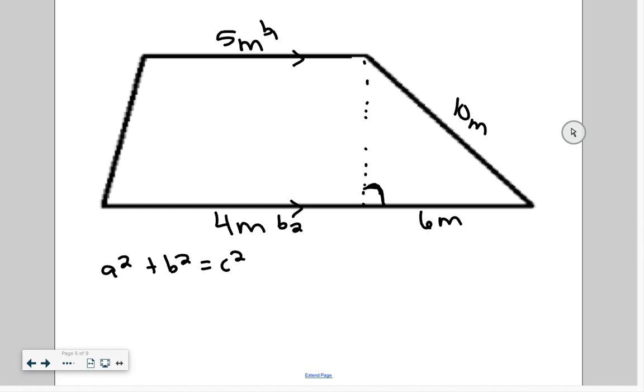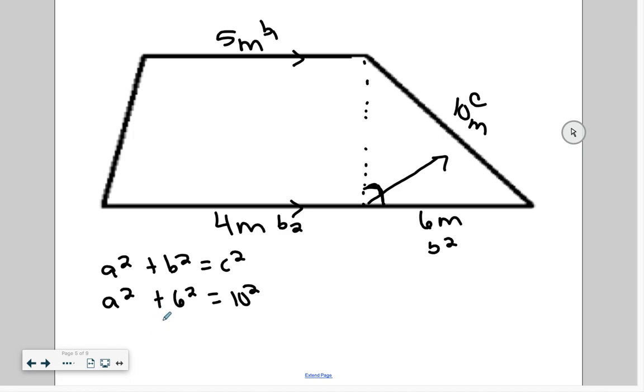So before we can continue, we need to pick apart and determine what in this triangle is going to be A, B, and C. Remember, A and B refer to your legs, okay? And our legs are going to be these two right here. So we'll say that this is B, and C is your hypotenuse, which is opposite that right angle, so this is C. So when we throw that in here, we get A squared plus 6 squared is equal to 10 squared.